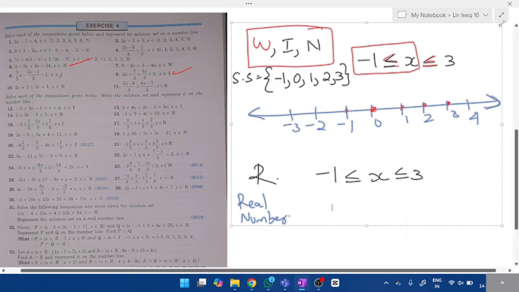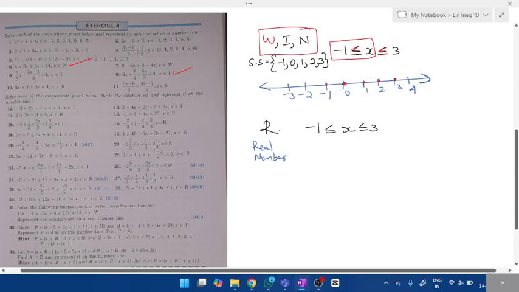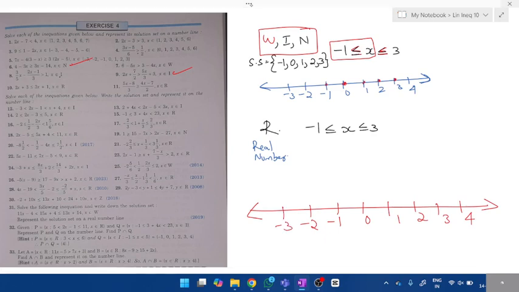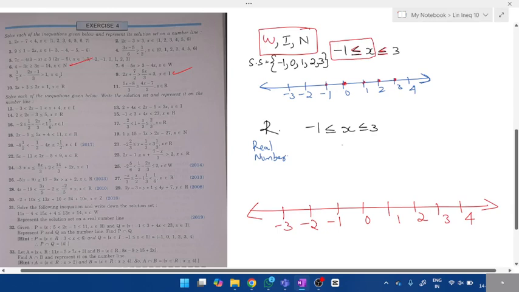Same question for real numbers, we plot it in a different way. We draw the number line in a different way. Look like this. You mark it in a different way. Here, same answer: x lies between -1 and 3.